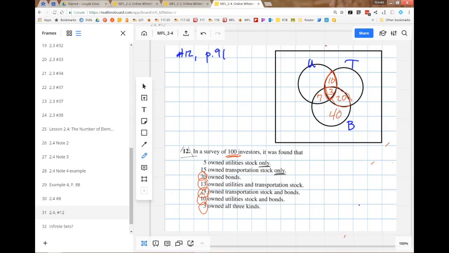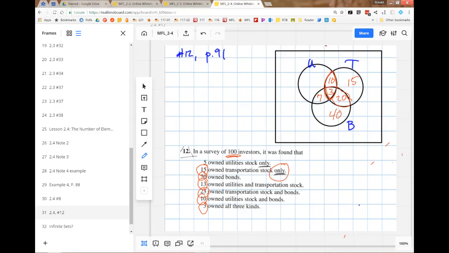Okay. Now, here's where you've got to be careful. Look at what this one says. 15 owned transportation only. So what does that mean? It means they're telling you this number. Okay.